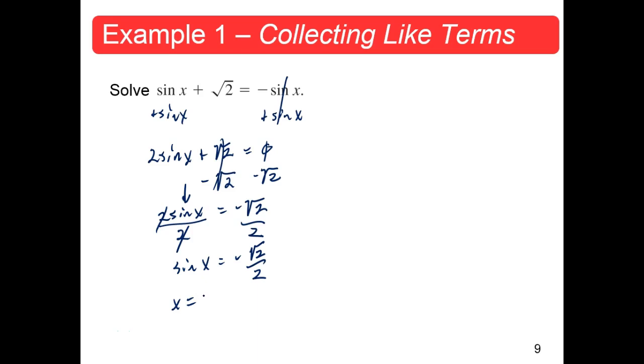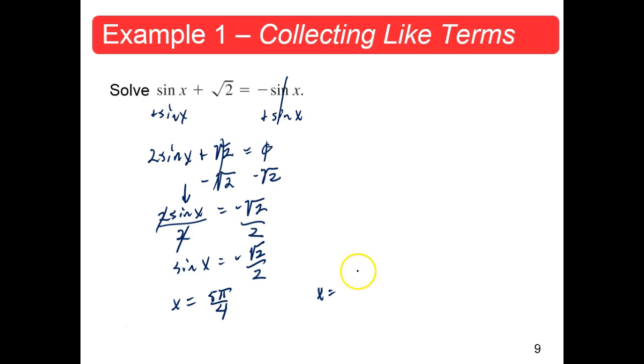Pi fourths beyond pi, so that would be, how many fourths is pi? That's 4/4 pi, right? So one more beyond that would be 5/4 pi. Or x equals, in the fourth quadrant, you're pi fourths short of 2 pi.